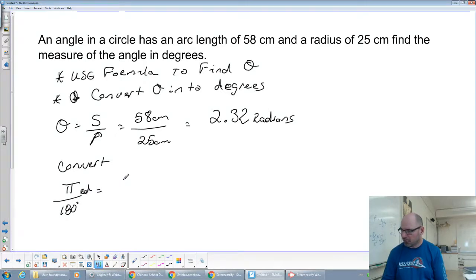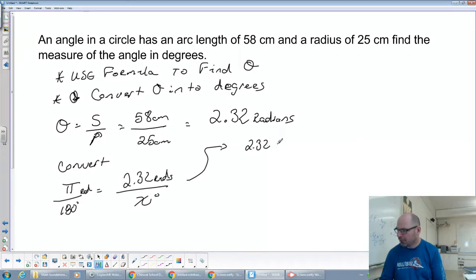Okay, so pi radians over 180 degrees, I'm going to do it this way, is equal to 2.32 radians over x degrees. The radians are going to cancel out and we're going to be left with degrees. If I cross multiply here, I've got 2.32 times 180 equaling pi x.